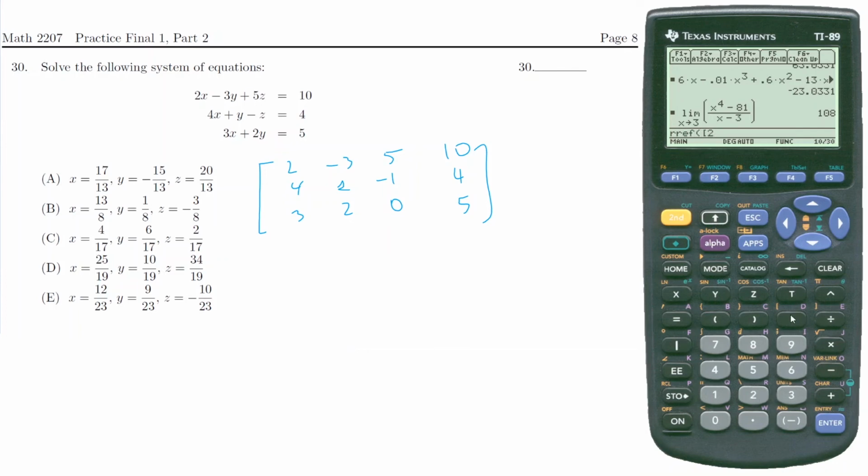So we got 2, negative 3, 5, 10, then semicolon, 4, 1, 1, negative 1, 4, and then another semicolon, 3, 2, 0, 5. Boom. So we got 25/19, 10/19, and 34/19. Seems like it's D.